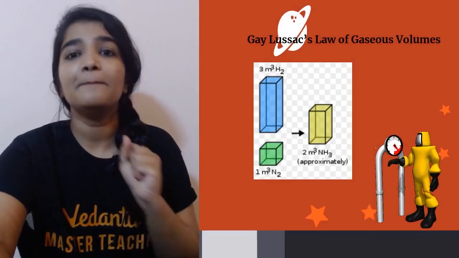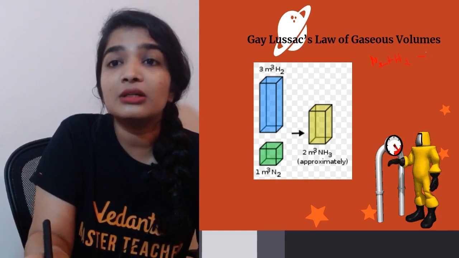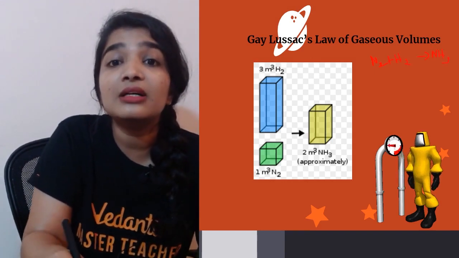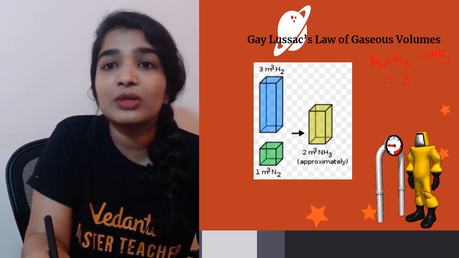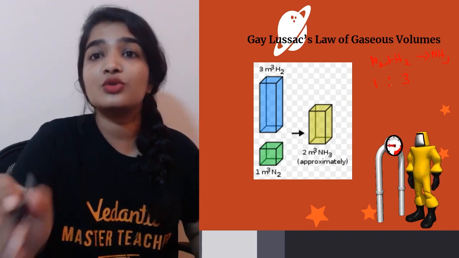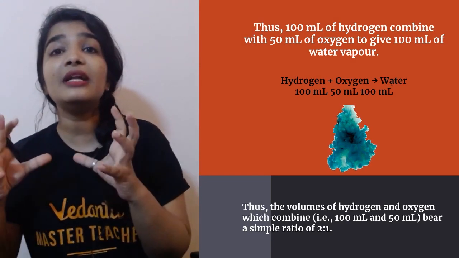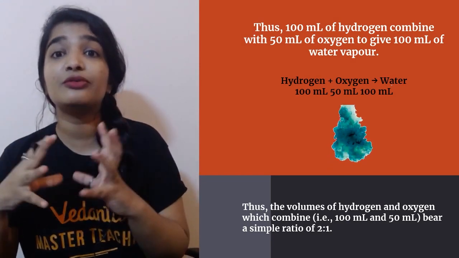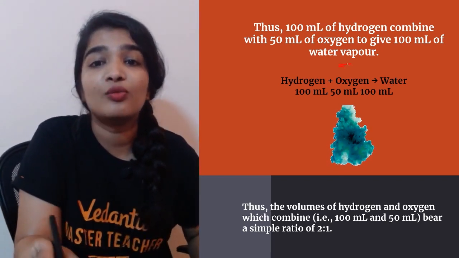Okay? Yes. So you take N2 plus H2, ammonia, NH3, right? Here 3 volumes of hydrogen will combine with 1 volume of nitrogen. 1:3, again a simple ratio, right? So 100 ml of hydrogen will combine with 50 ml of oxygen to give 100 ml of water vapor.